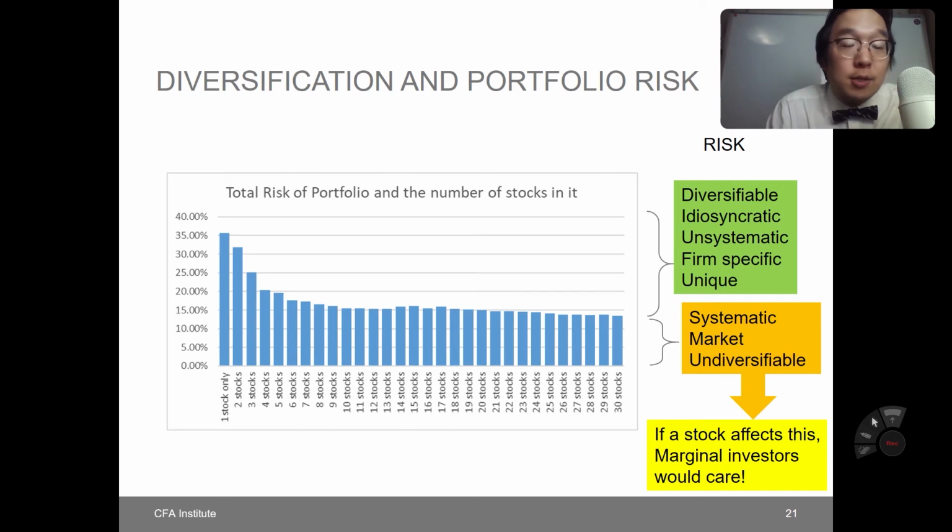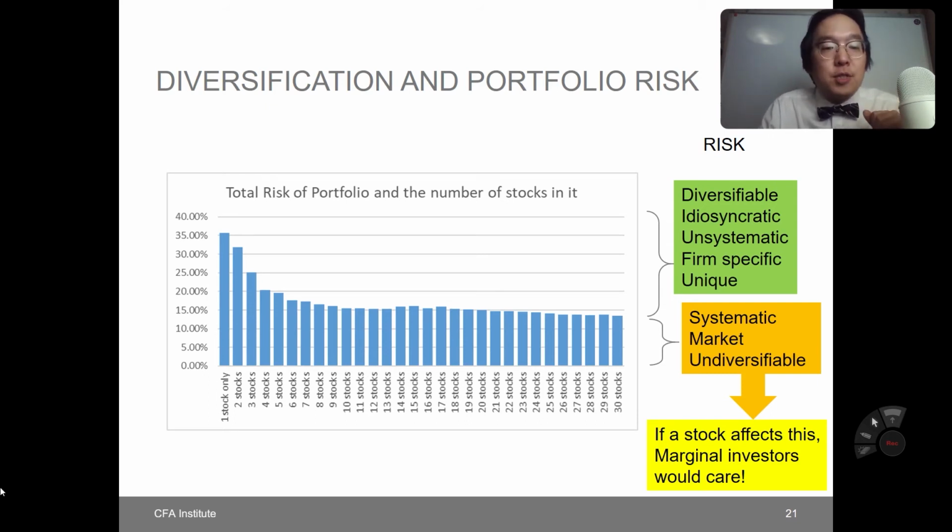Here it's the standard deviation of portfolio return on a yearly basis, which is why we have 35% or something. And what you see on the horizontal axis is the number of stocks that you have in each portfolio.